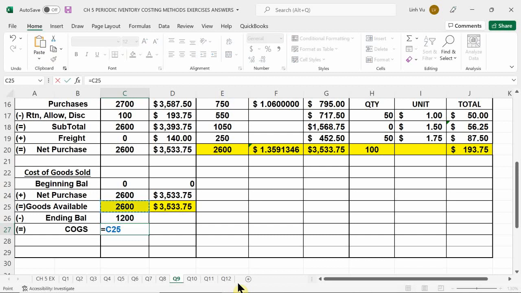If I had 2,600 units and I have 1,200 units left, how many units did I sell? 1,400. You sold 1,400. Okay.